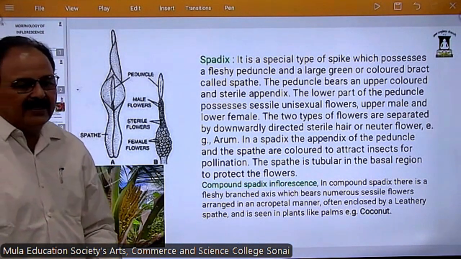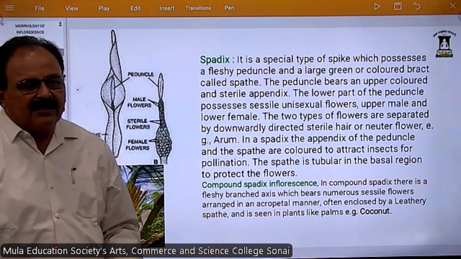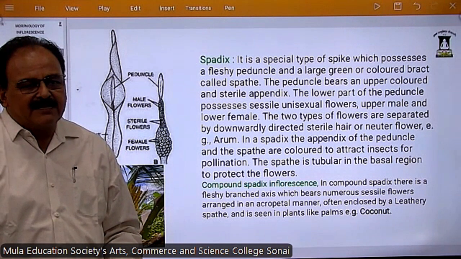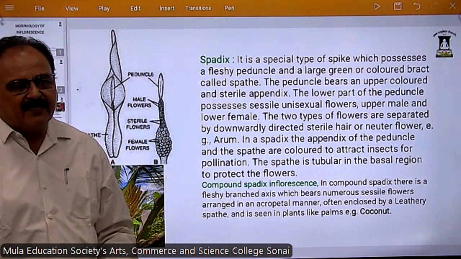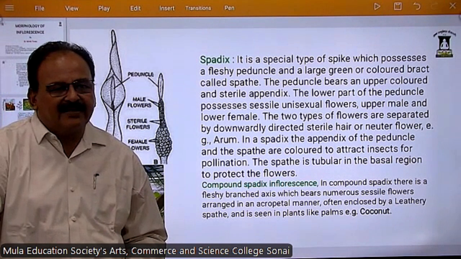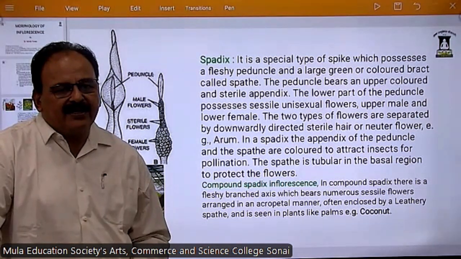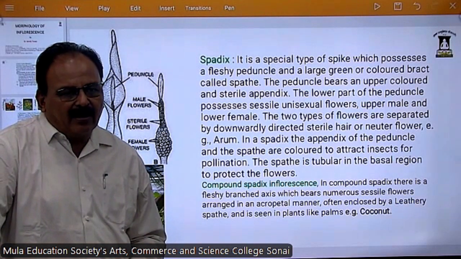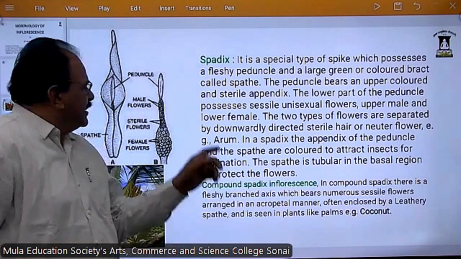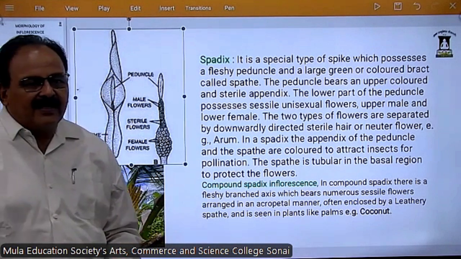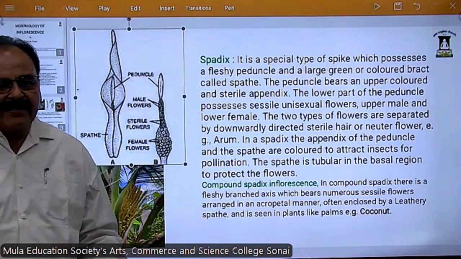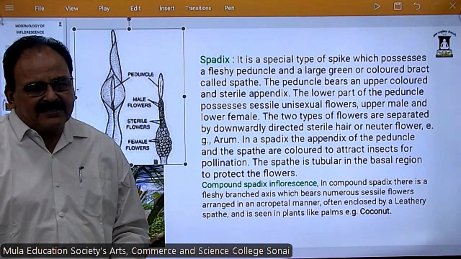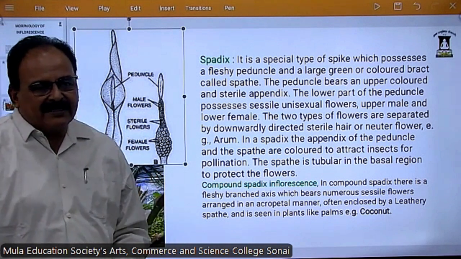Then the fourth one, a very important inflorescence, that is spadix inflorescence. It is a special type of spike which possesses a fleshy peduncle and a large green or colored cover or bract, which is called spathe. The peduncle bears an upper colored and sterile appendix.